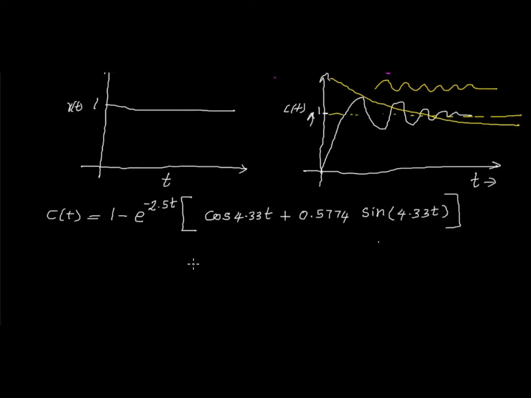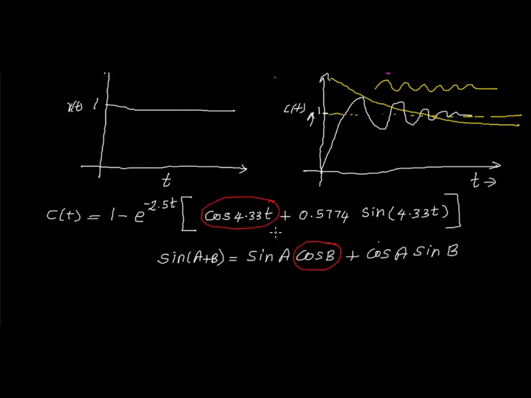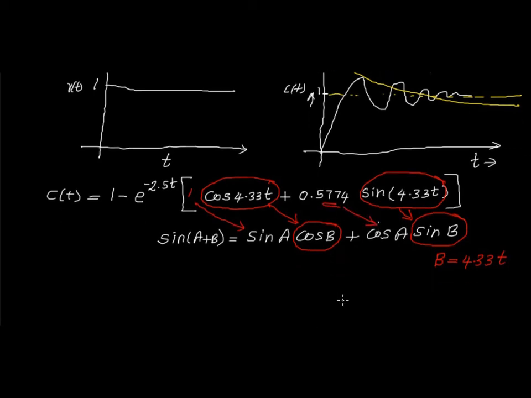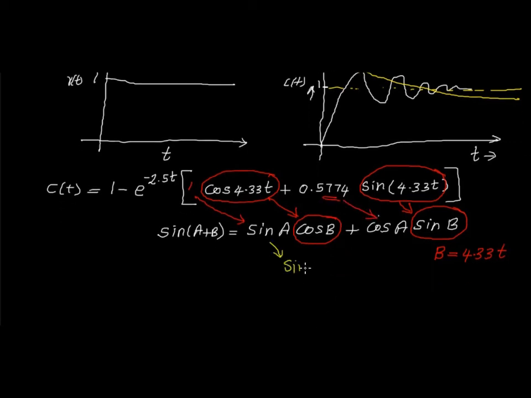Now we can compare this equation with the sine a plus b formula. If we write the formula for sine a plus b, we will be getting sine a cos b plus cos a sine b. So here this cos 4.33t can be compared with cos b, and here sine b. So from this we can find the value of b is equal to 4.33t, but we have the coefficient terms as 1 and 0.5774.